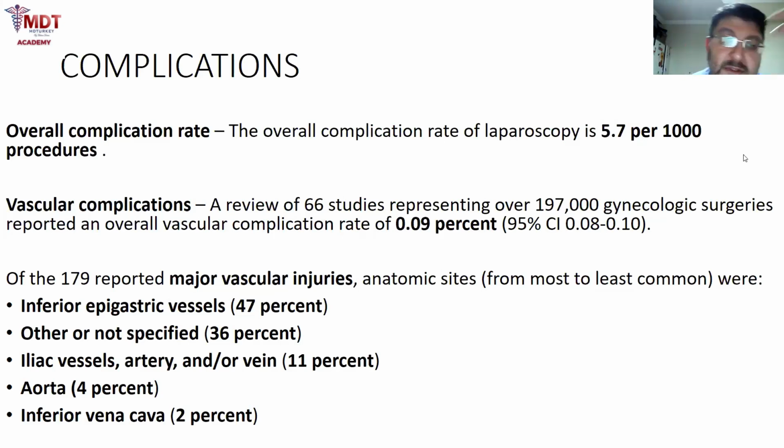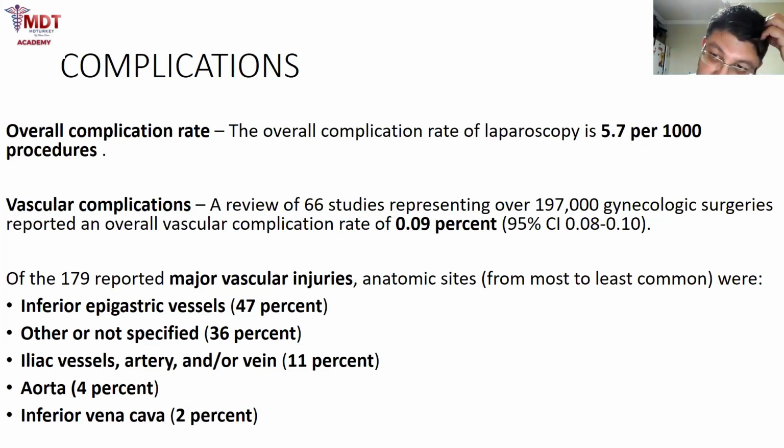And the reported vascular complication rate for gynecologic laparoscopy is 0.09%. Also, this is too low, I think, but it's reported in the literature. It's low because nobody is reporting, as I told before, their complication rates.